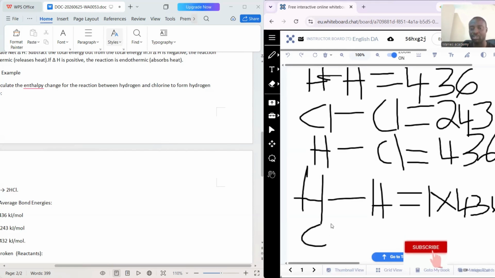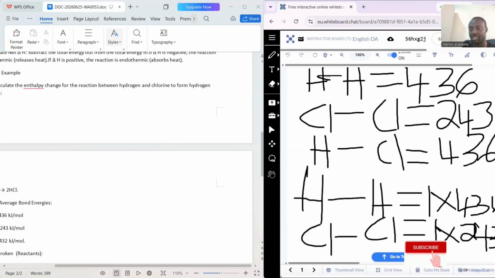Then for chlorine, also on the reactant side, there's 1 mole of chlorine, so that will be 1 times 243, since the average bond energy of the chlorine molecule is 243. The total energy input will involve the addition of these two.